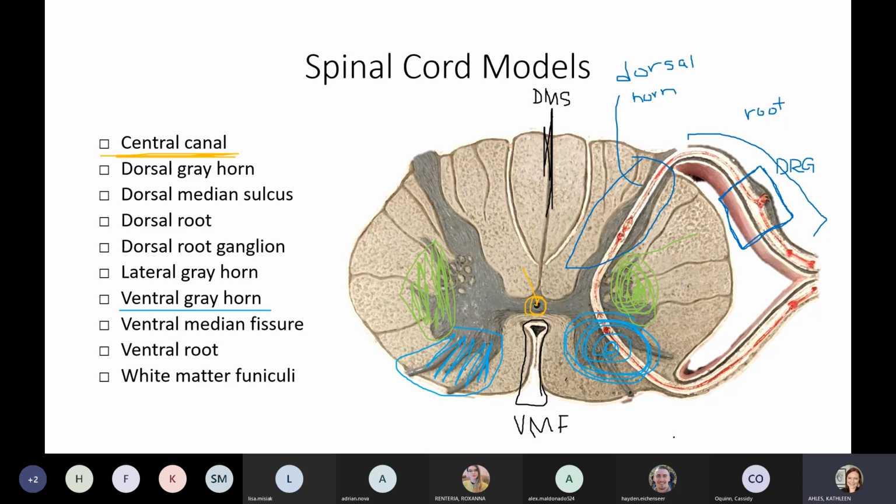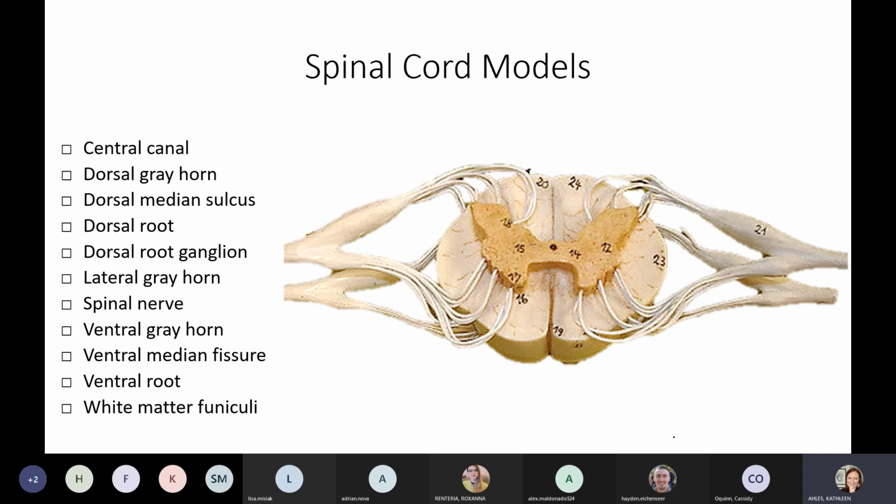One more model that I wanted to peek at with you. This model does a really good job of showing me the spinal nerves. So remember that the spinal nerves form when a dorsal root and a ventral root come together.